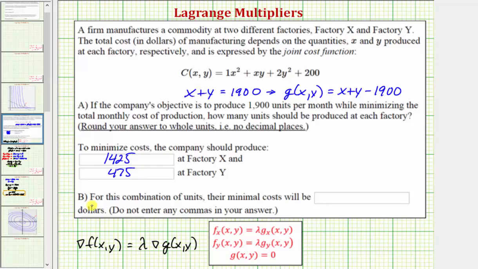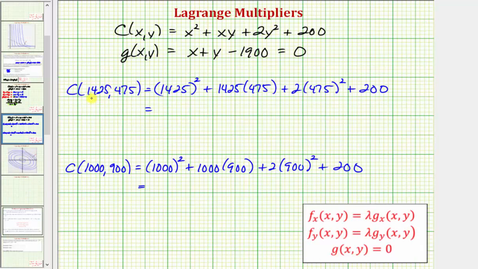But let's first answer part B by determining the cost at this production level, which means we want to determine c of 1,425, 475. So c of 1,425, 475 comes out to 3,158,950. This would be dollars.